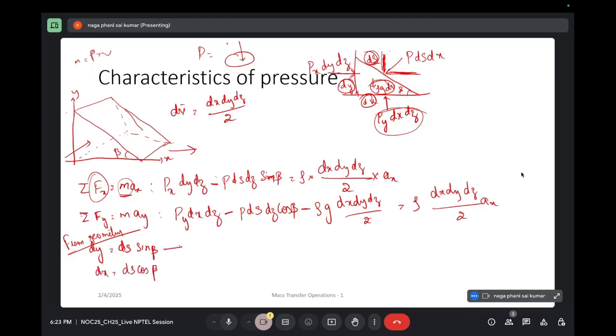Let's say these are equations 1, 2, 3 and 4. Then you integrate the weight, the volume of this triangular prism, and finally substitute it in these equations.